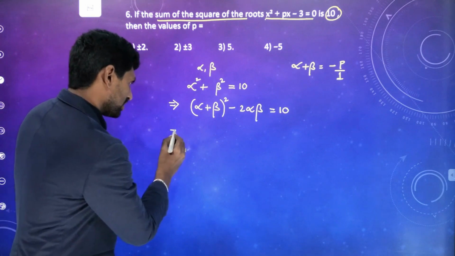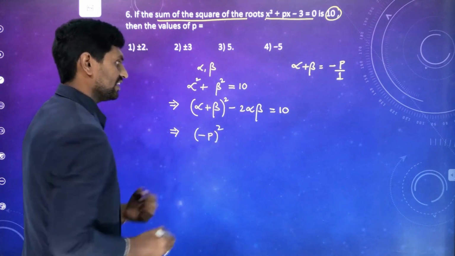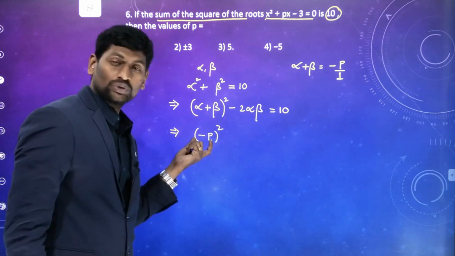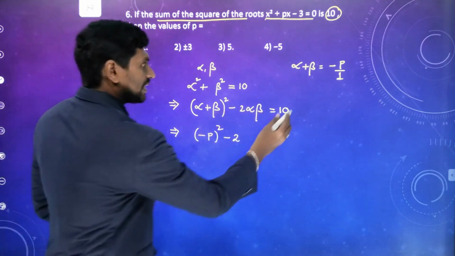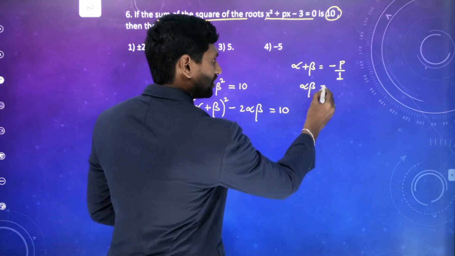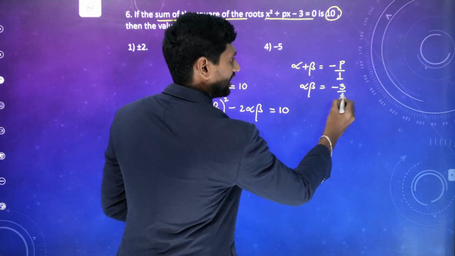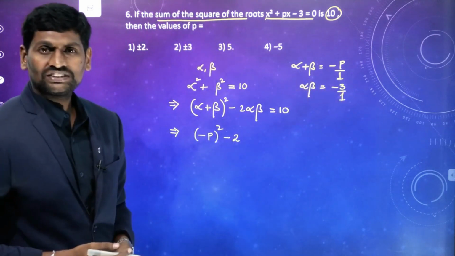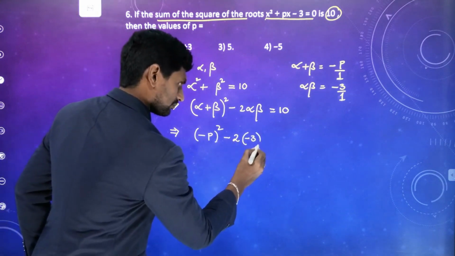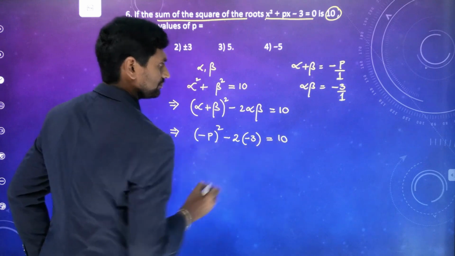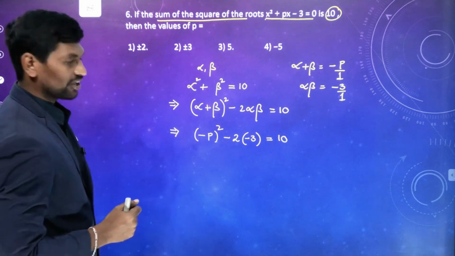So substitute in the given value: minus p whole square, in the place of alpha plus beta, minus 2 into alpha beta. Alpha beta means product of roots, c by a. The c value is minus 3 and the a value is 1. Minus 3 by 1 is minus 3. That equals 10, because it is already given as the sum of the squares of the roots.